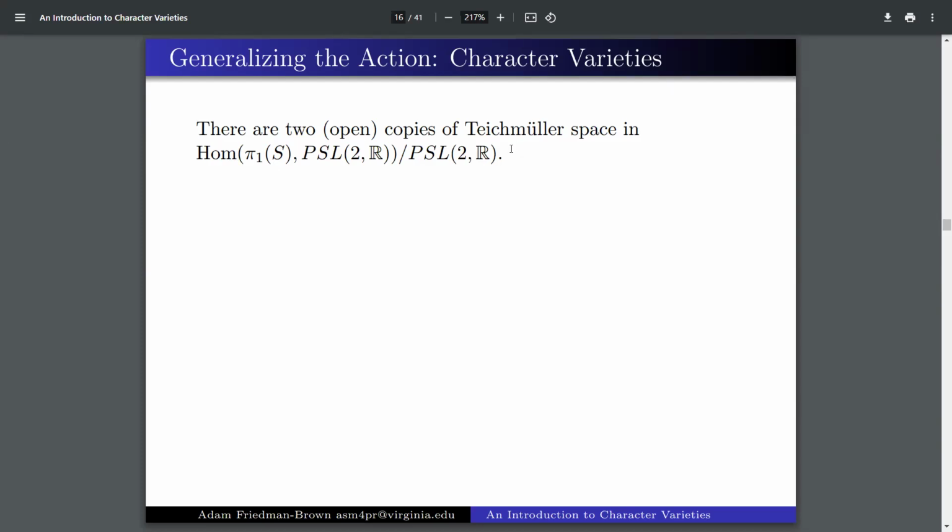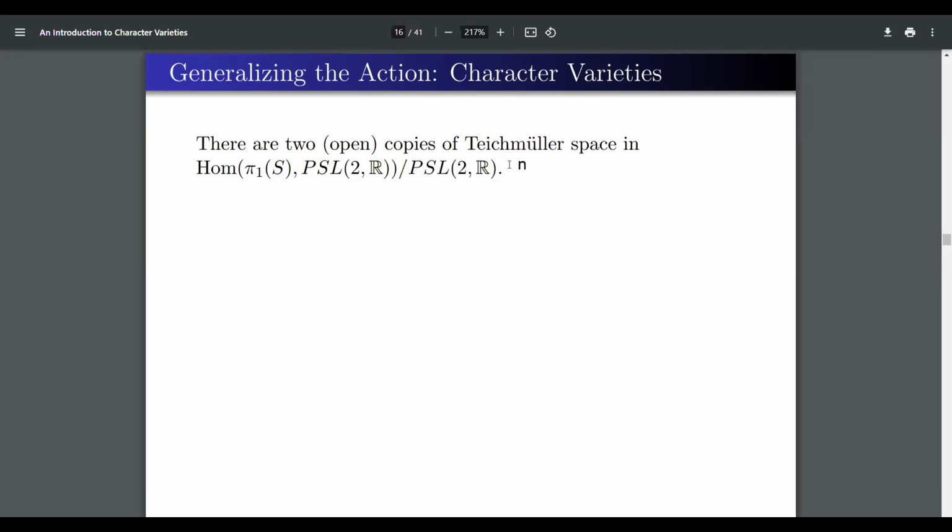So this is now different from PGL2R. If we instead only mod by PSL2R, well, those spaces are off essentially by an index 2 action. And so then there's actually two copies of Teichmuller space hidden in this. And those copies are connected components of this space, so they're open. Now, why is this interesting?